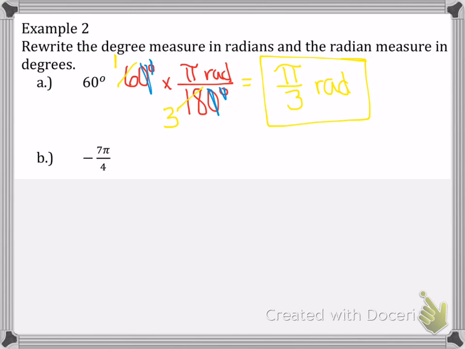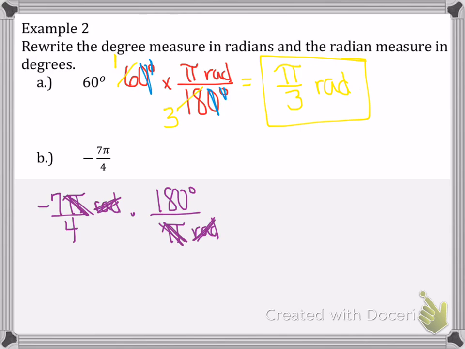In example 2, this time I have negative 7 pi over 4. So that is technically in terms of radians. So I'm going to multiply it by 180 degrees over pi radians. So this time the radians will cancel, as well as the pi's will cancel.